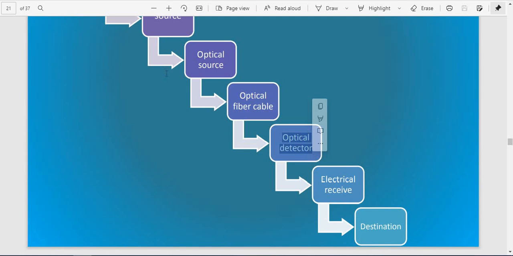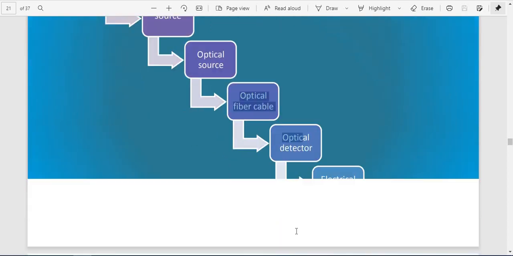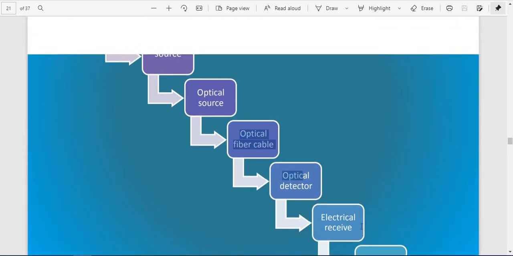Then again, it is still transmitting. This is our communication system. Then we need to move to the electrical receiver. Receiver means from the transmitter it comes back to the receiver and our destination. Wherever the destination is, the signal is delivered to that particular destination. So this is our optical fiber communication system. Clear?